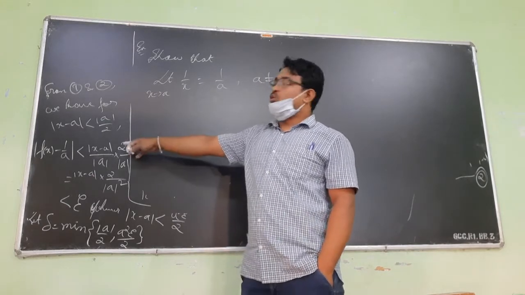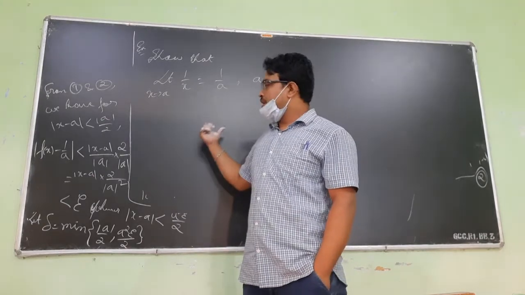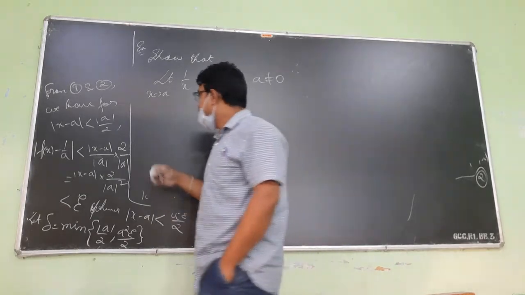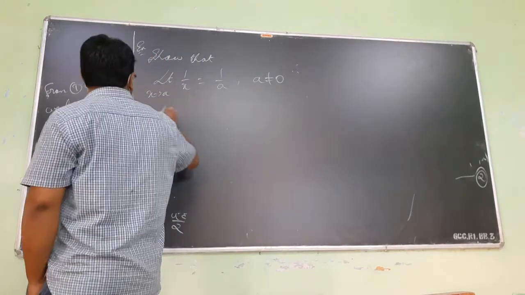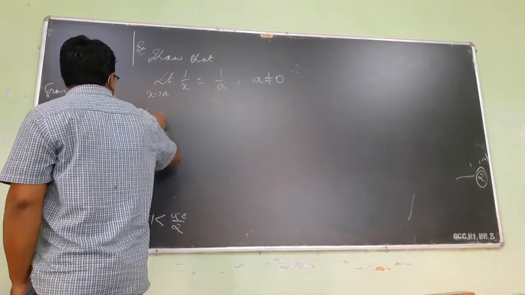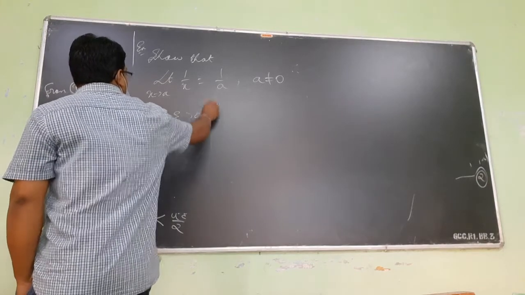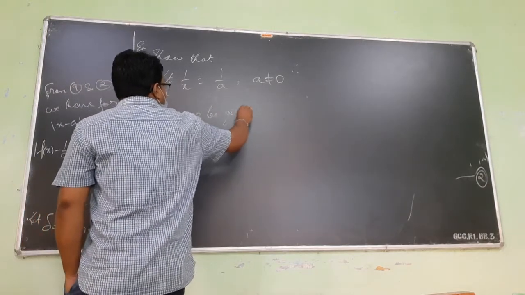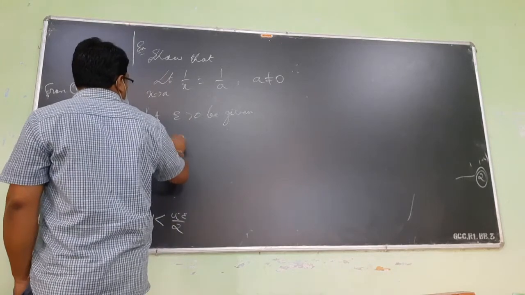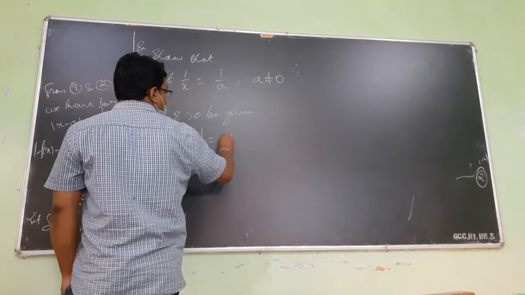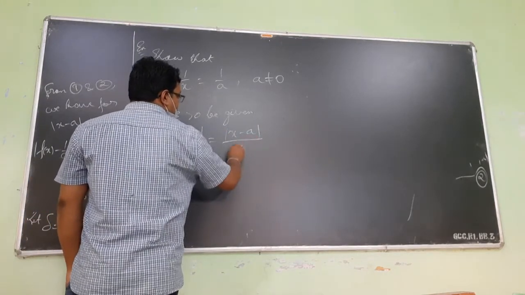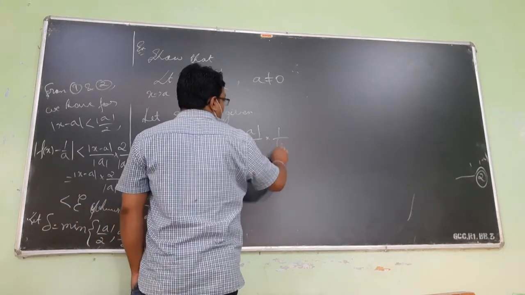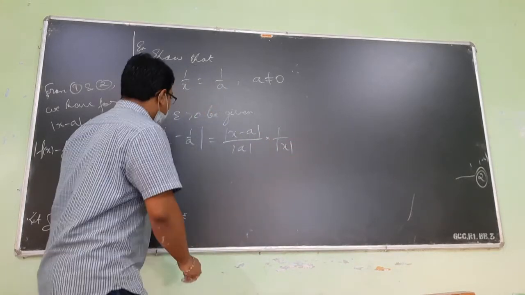See, we can do it in a much simpler way. Here I have elaborated. We can do it in a much simpler way. Since we have understood now, let epsilon greater than 0 be given. Then mod of 1 by x minus 1 by a, this we have already seen, is equal to mod a multiplied with mod of 1 by x, okay.